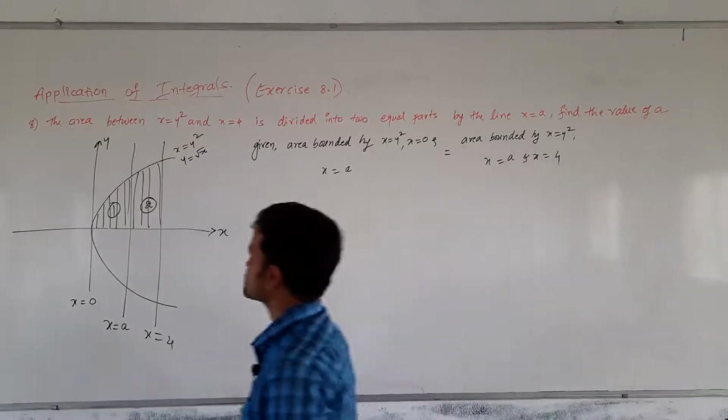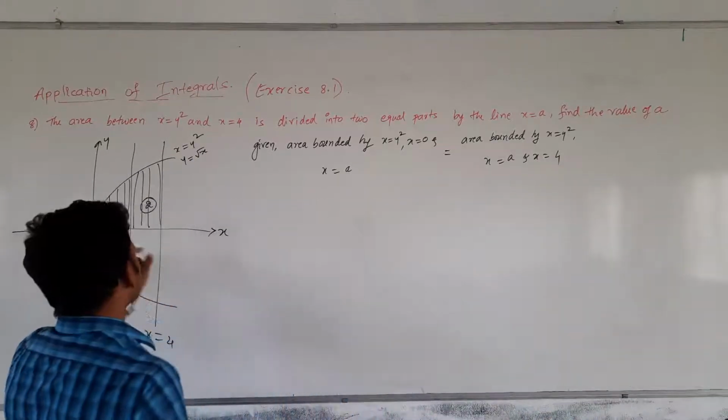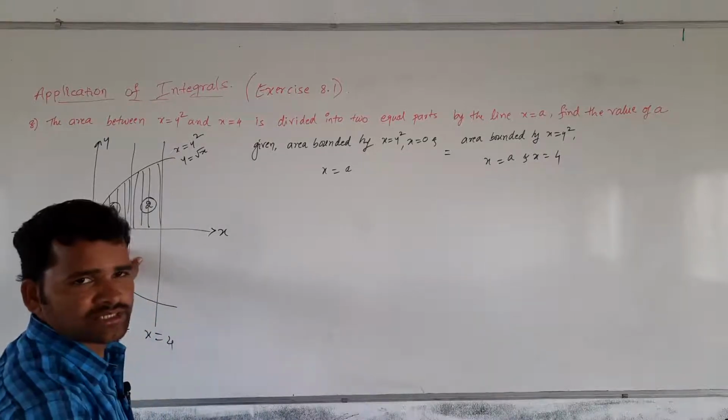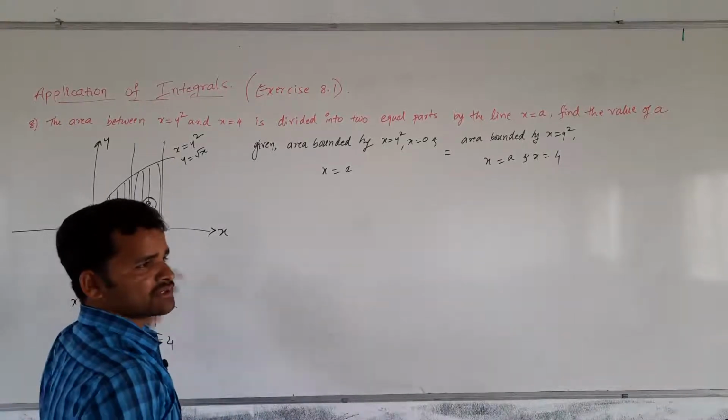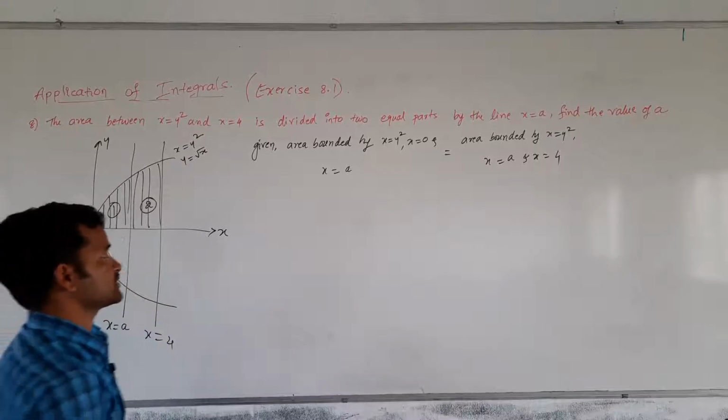They are saying this one. So first area is equal to second area. What about this? No need to take. Even if we take both sides 2, the 2 is anyhow going to cancel out.